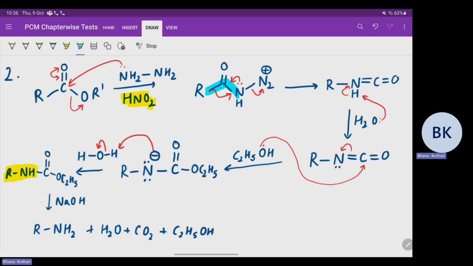So the key takeaways are the formation of these compounds. The answers will be: in the first step, the product A that is formed is RNCO. In the second step, the major product is RNH2. Okay. So the correct option is option B.